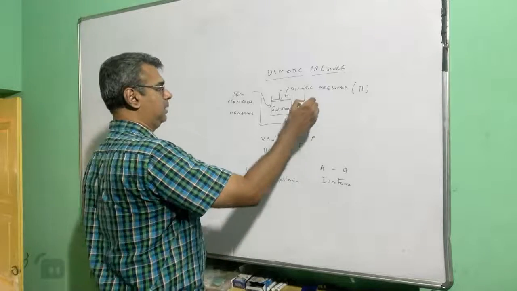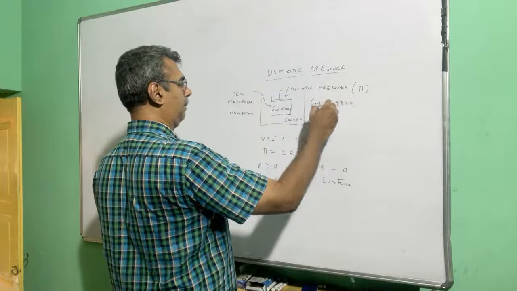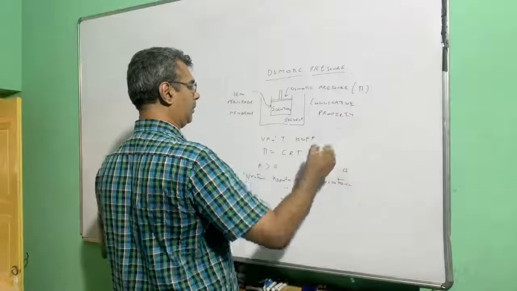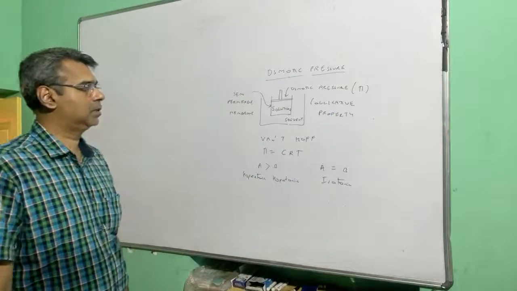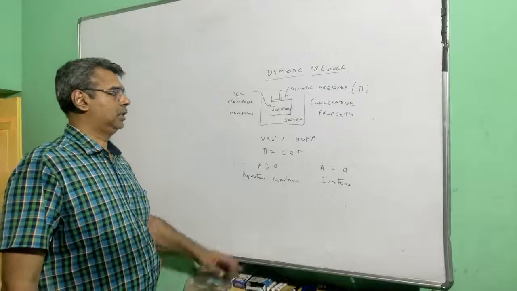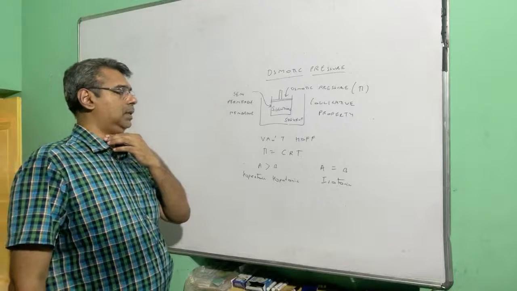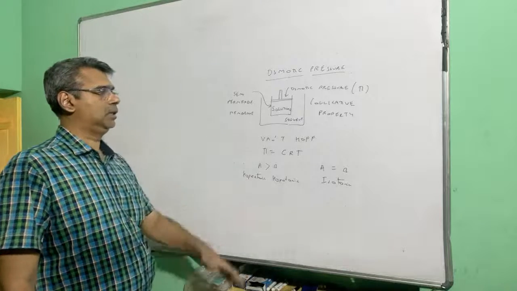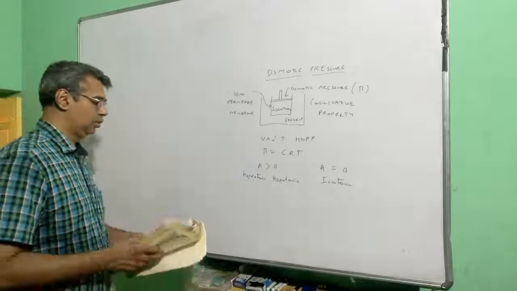Because osmotic pressure is a colligative property. That means it depends on the concentration of the particular solution and does not depend on the nature of the solute. So this was the topic for today, and now based on this I will give you the usual homework.